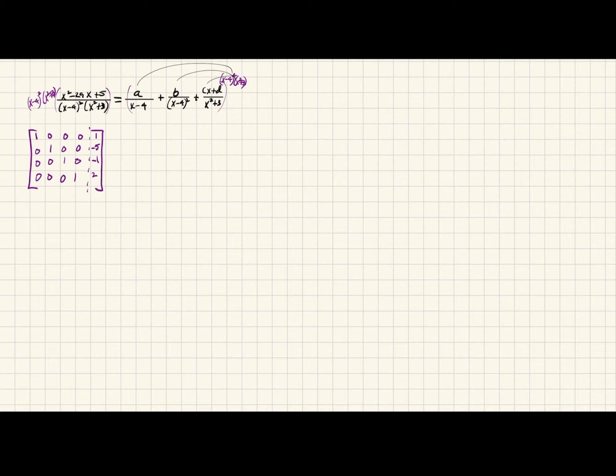All right. So what do we have right now? We're going to do an integral now, and this integral will be our value of a, 1 over x minus 4, because that's what it was, right? Plus our value of b, that was negative 5 over x minus 4 squared.